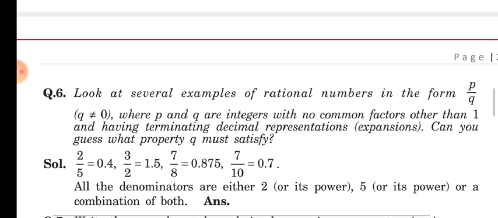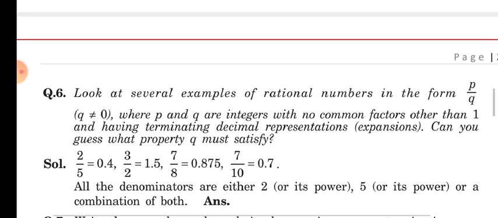It may be 2, 2 square, 2 cube, 2 to the power 4 or any power of 2, or it may be a combination of 2 and 5, like 2 into 5, or 2 square into 5, or 2 into 5 square, 2 square into 5 square. That means it should have only 2, or only 5, or both 2 and 5.